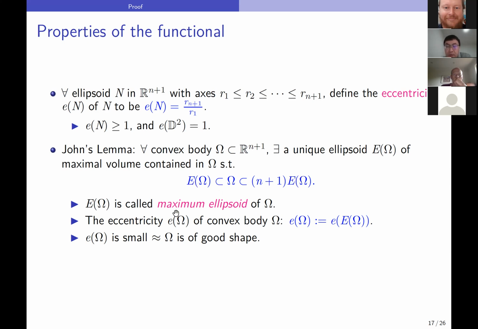So E of omega is called the maximal ellipsoid of omega. Roughly speaking, we can approximate omega by an ellipsoid. So we define the eccentricity of a convex body to be the eccentricity of its maximal ellipsoid. If the eccentricity is small, this means that omega is of good shape.